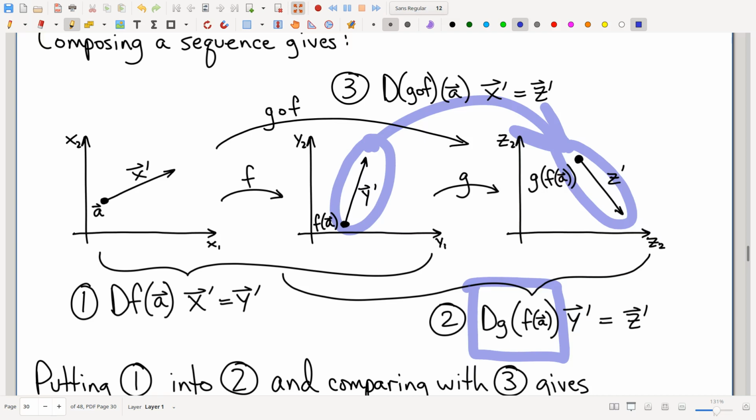Where am I? Well, I'm not at A. A lot of students misunderstand and think that you're supposed to plug in the input point, and the input point's A. That's not where you are when you're in this space moving with that velocity. At that moment, you're at f of A. And that's why this dg matrix is evaluated at f of A, not at A.